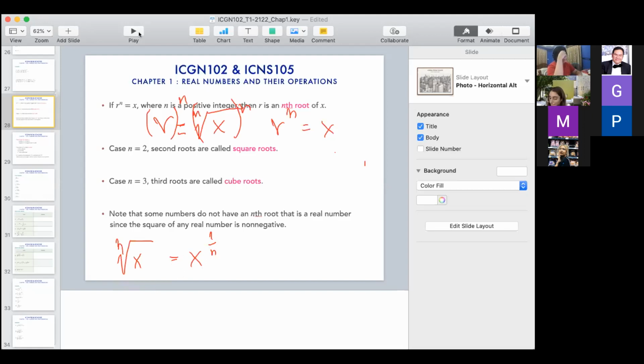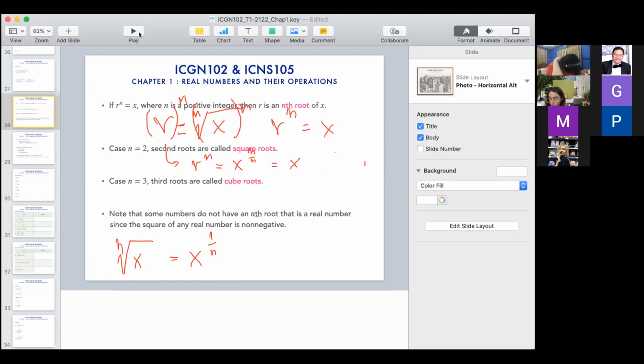So r to the n equals x, and x to the n over n equals x. You can see that if you take the power of n for the nth root of x, you get x to the n over n, then you get x.